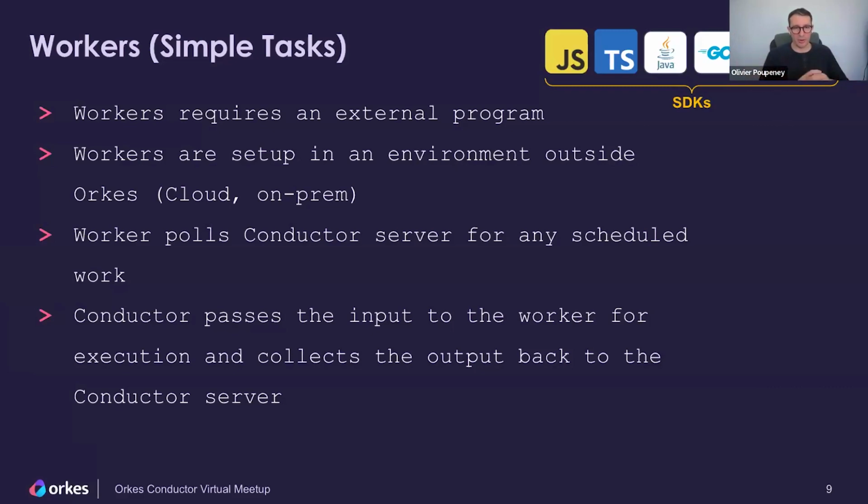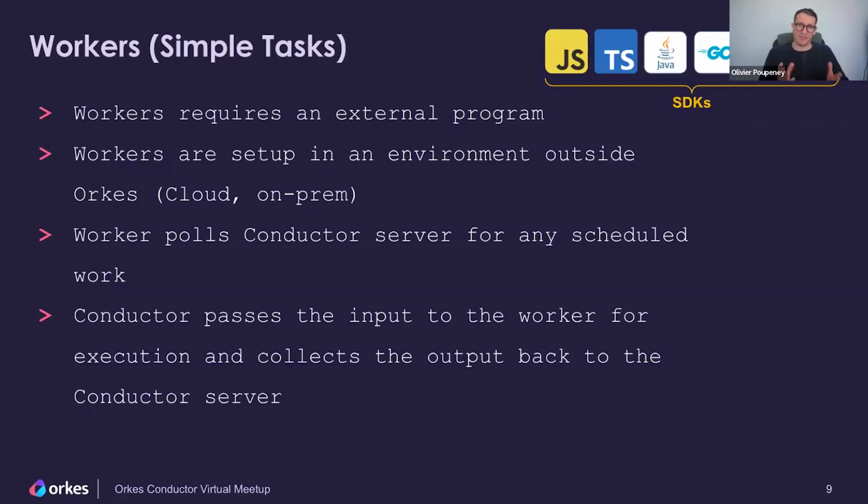Why? Because the worker polls the Conductor server for any scheduled work that the Conductor server has for the worker. Conductor will pass the input to the worker for the execution and collect the output back to the Conductor server. For that, we have, of course, SDKs for all the famous and used languages these days: JavaScript, where TypeScript is the same SDK, but we also have Java, Go, Python, .NET, and even Clojure, for people who like to develop with Clojure.